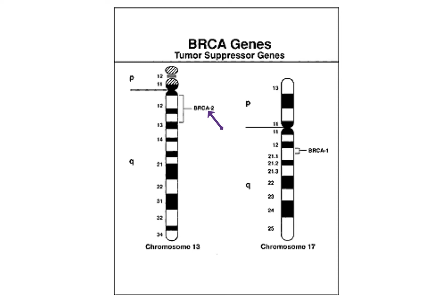And BRCA2 here is located on chromosome 13 up near the centromere, and BRCA1 is over here, located also close to the centromere on chromosome 17.